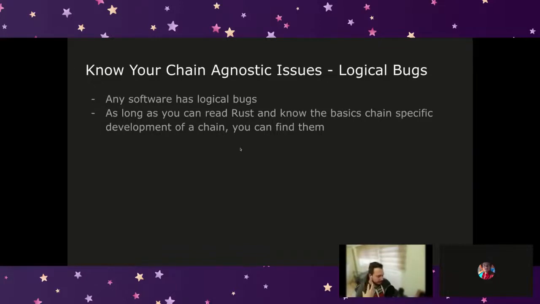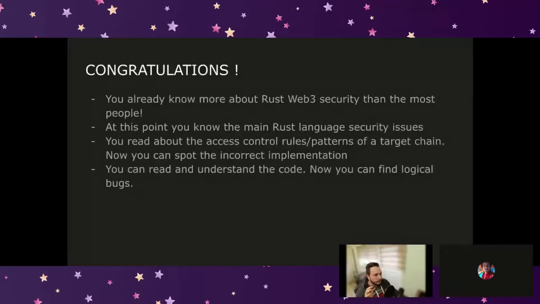To get better at understanding the application, you have to get more comfortable reading Rust and reading the chain specific code. The way you should be learning it comes later on. So again, congratulations. You already know more about Rust Web3 security than most people.